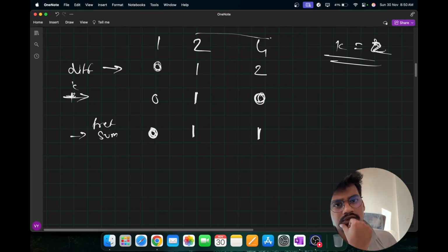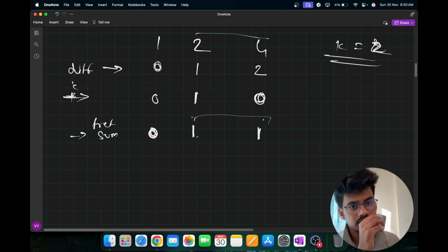These two guys can be converted, right? And these have the same elements. Why? Because the sum which was present over here is the same sum which is present over here, which means that nothing is changed. Legit, nothing is changed.